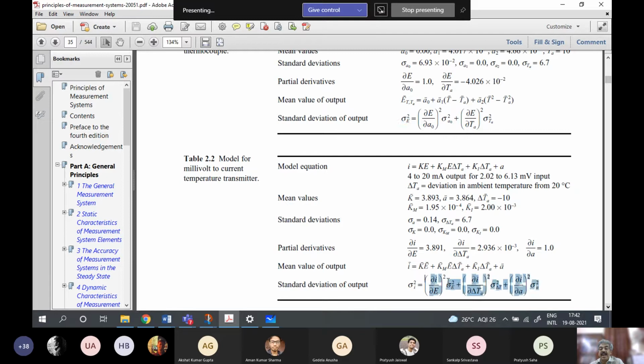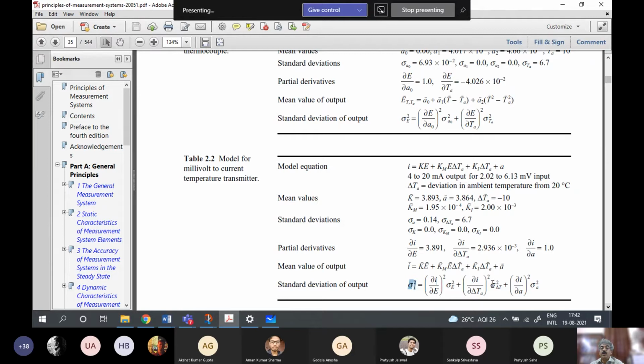If this is the variation in the millivolt input of the transmitter, then what is the milliampere output of the current transmitter? What will be the standard deviation? That will also have an answer, and you can calculate it exactly the same way.